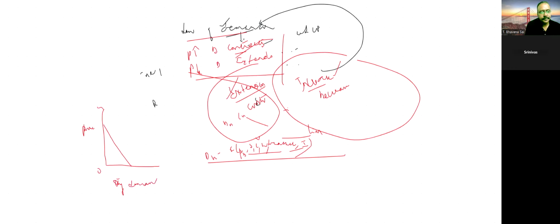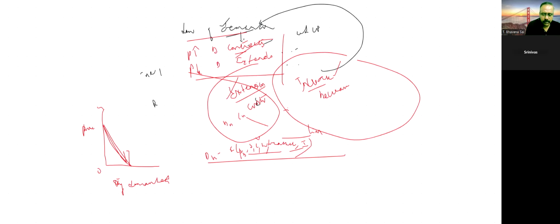So extension and contraction will be shown on the same demand curve, because price increases, demand contracts, price decreases, demand extends.